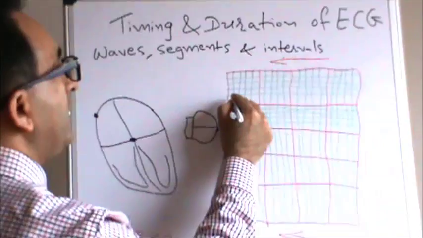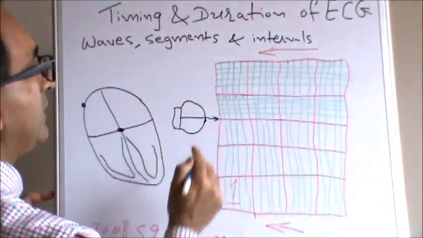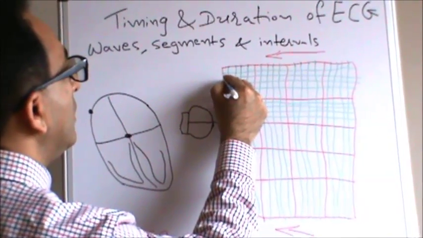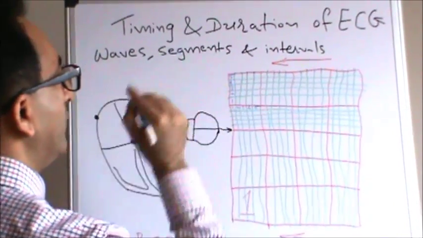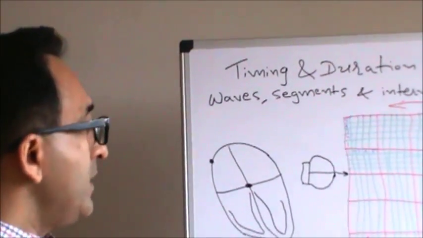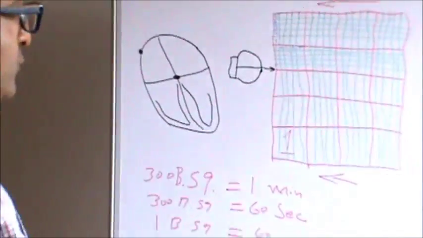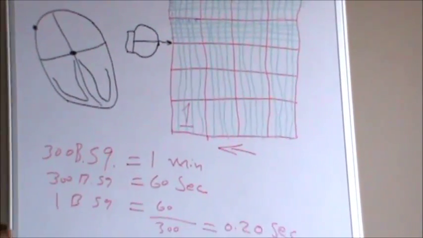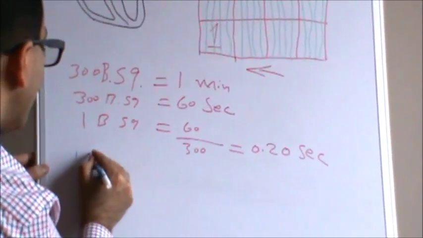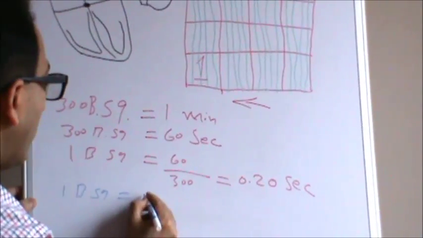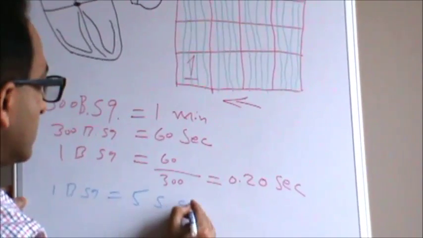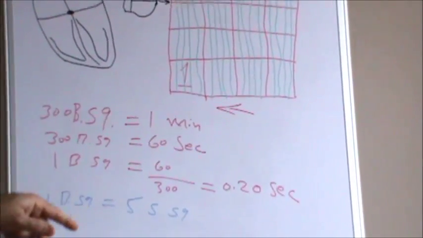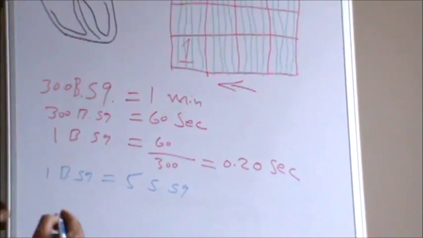Okay, likewise you could have the same thing horizontal as well as vertical. So let's say in this big square, you have 1, 2, 3, 4, 5. Okay, so 1 big square equals 0.2 second. So can we say that 1 big square equals 5 small squares?